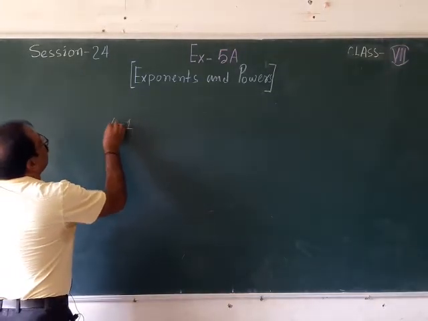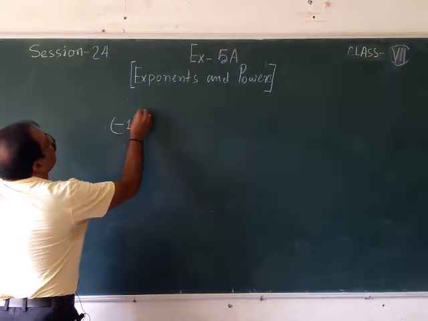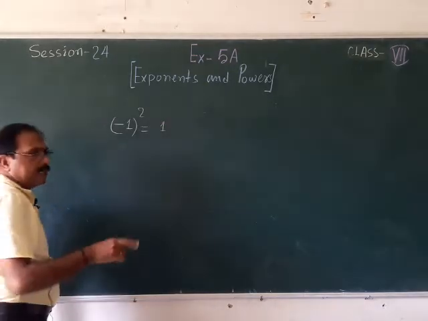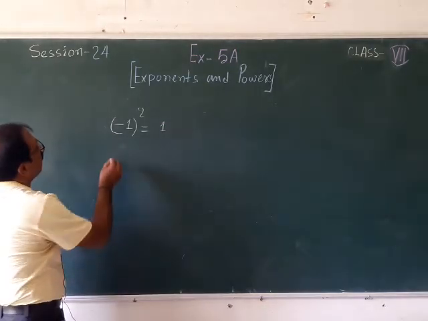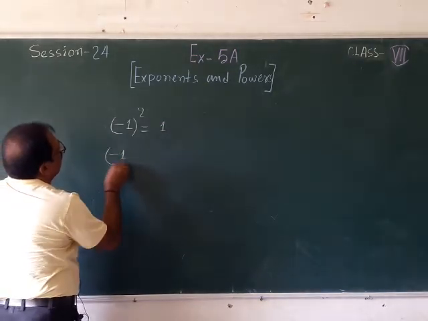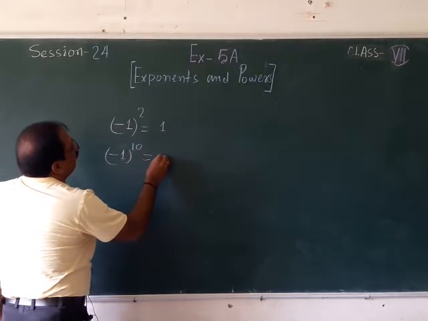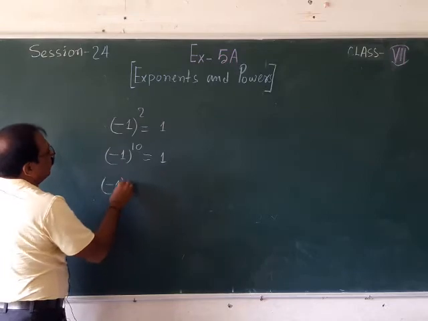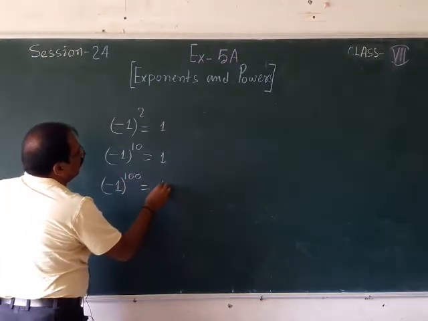Suppose I am asking you minus 1 to the power 2, that means it is clear that its value will be 1. Minus 1 into minus 1 will give you 1. Like that, if I am writing minus 1 to the power 10, its value is also 1. Like that, if I am writing minus 1 to the power 100, its value is 1.